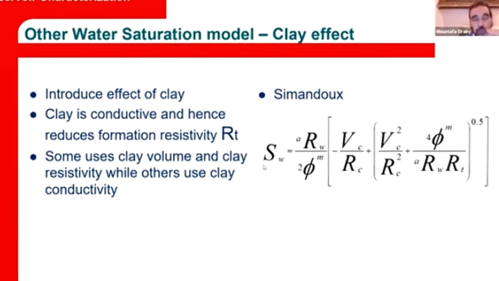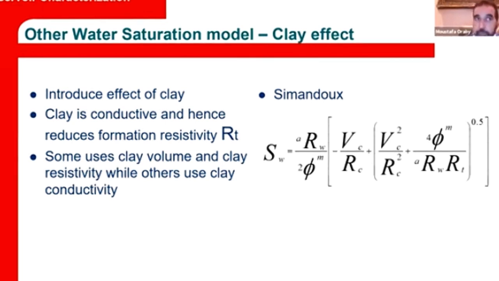Actually, I also did this before in the previous lecture. I asked you, if you put V clay equals 0, then Simandoux has to take you back to Archie, because Archie said, I don't have any clays. So for Simandoux to be correct, if I put V clay equals 0 in my Simandoux equation, this equation has to convert to the Archie equation.